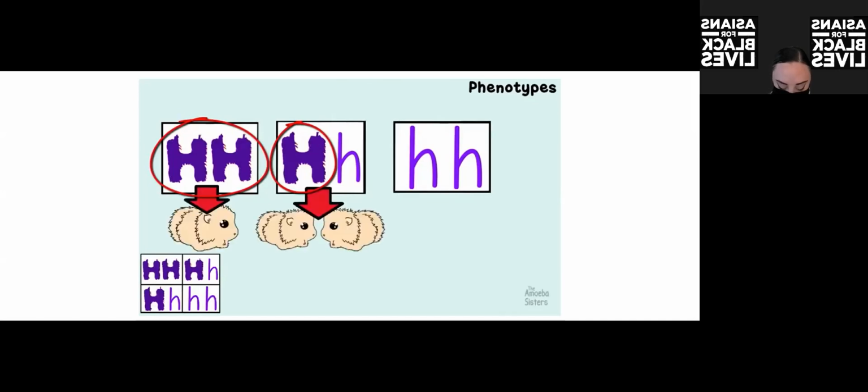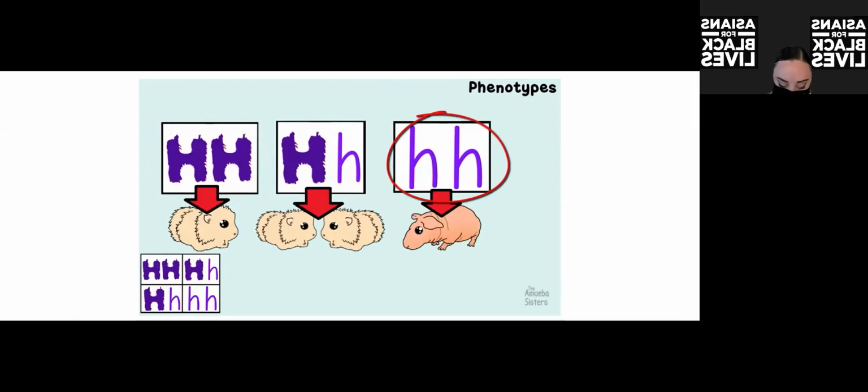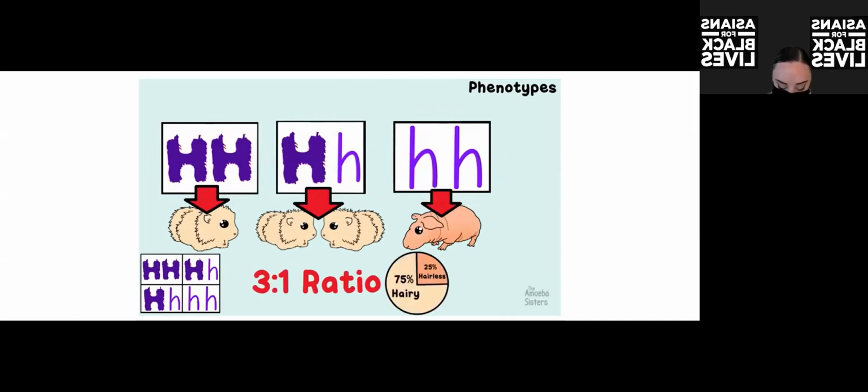So 3 of them here, the 1 big H, big H baby and the 2 big H, little h babies, they all have hair. The homozygous recessive baby, which was little h, little h, that baby has no dominant allele present. So this little guy would be hairless. So you could say the phenotype ratio is 3 have hair to 1 that's hairless. Or a phenotype percentage could be 75% hair, 25% hairless.